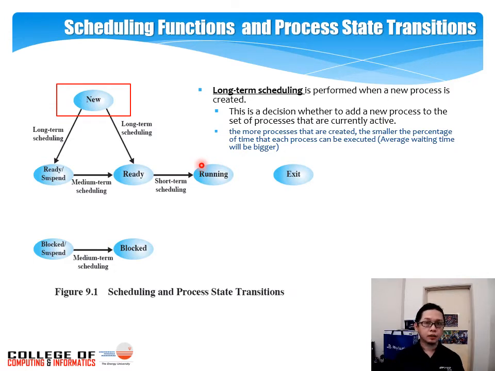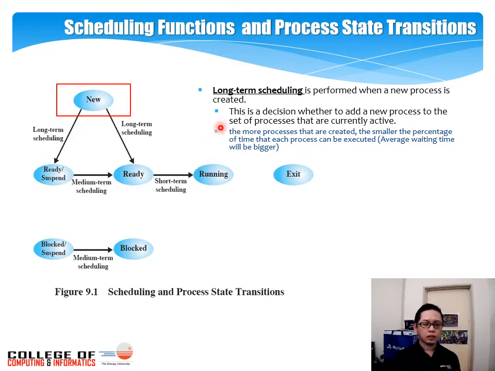Like I said earlier, its role is to decide whether a new process can come into the system. Usually the decision depends on whether we have enough memory to accommodate new processes, or enough slots in the waiting list to accommodate a new process.